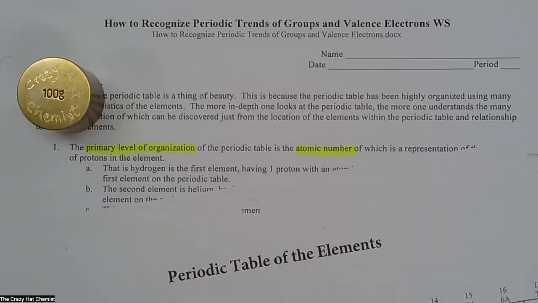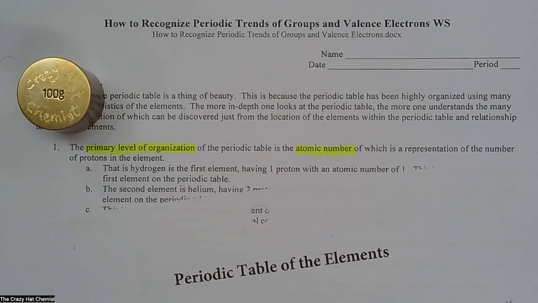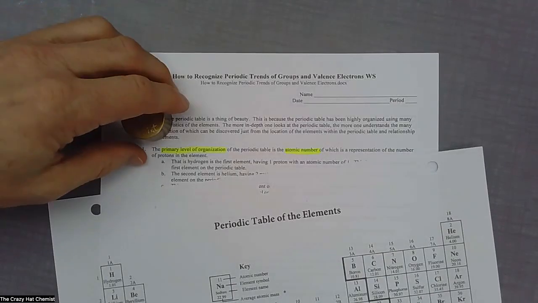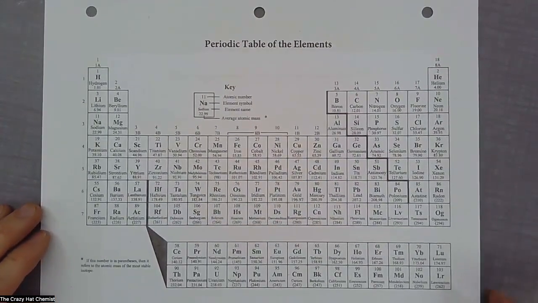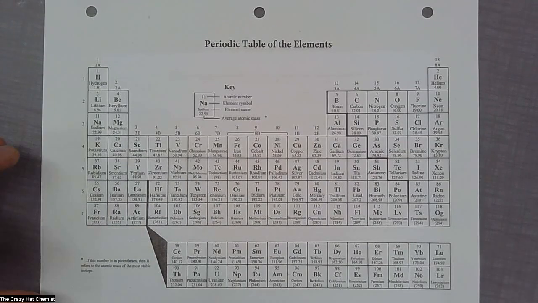Hold on just a moment. All right, so now we're going to pull out a periodic table here so I can show you this principal or primary level of organization. This is the periodic table that I use for my general chemistry class.